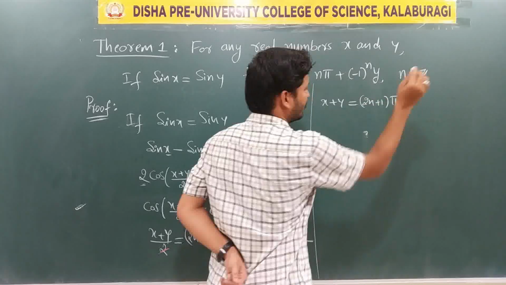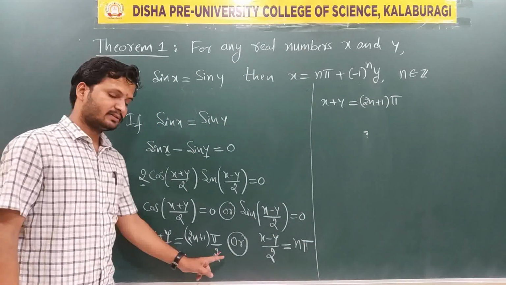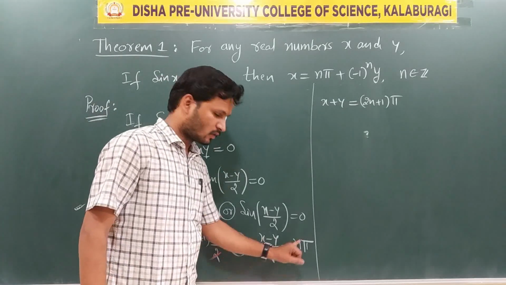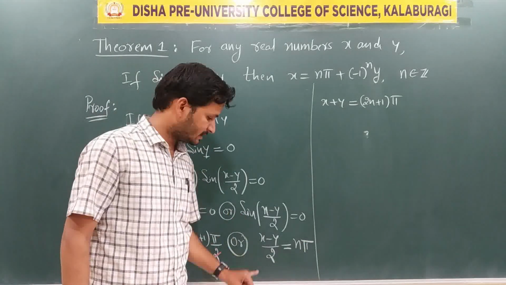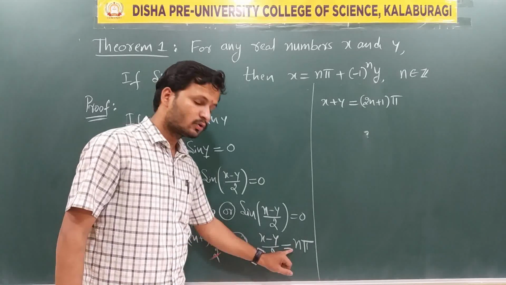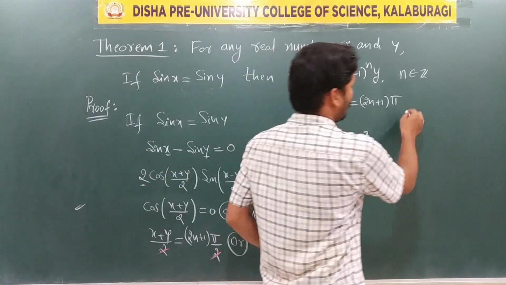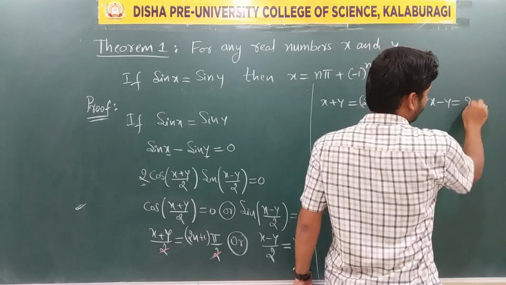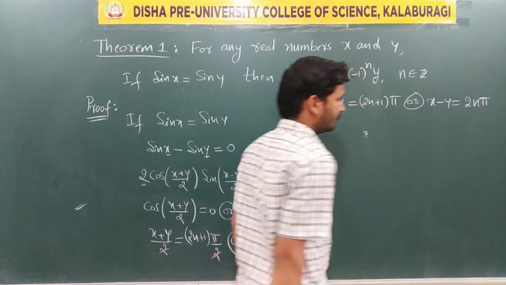Thereafter cancelling the two here, next x minus y equals, just cross multiply the 2 and take it to the right side, x minus y equals 2n pi.